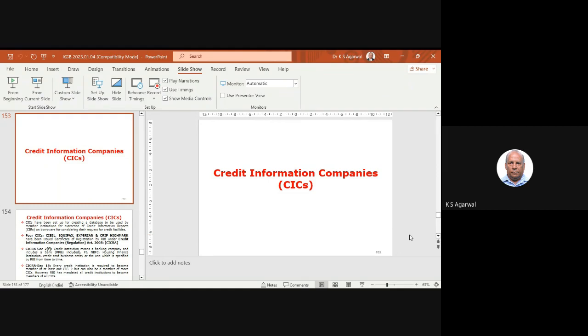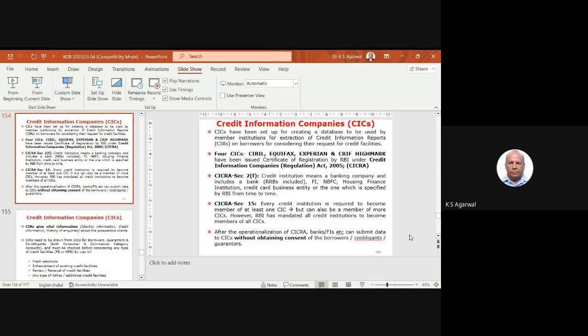So this slide of CIC, Credit Information Company, is it visible, Ajay sir? Yes, it is visible. Now, credit information companies have been created. We all know there are 4 CICs in India at the moment: CIBIL, Equifax, Experian, and CRIF Mark. CIBIL is the oldest one. Why have they been created? For creating a database to be used by member institutions. Member institutions are credit institutions, telecom service providers, and credit card providers, who also use this data.